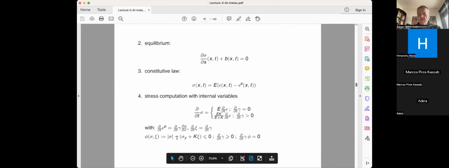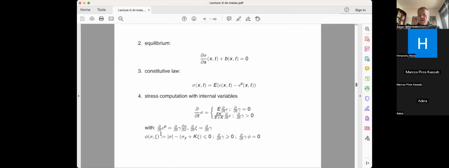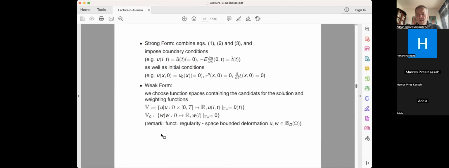Or I can go with this computation, with the evolution equation for plastic deformation, epsilon p dot, equal to gamma dot times sign of sigma, xi dot equal to gamma dot, with phi less than or equal to 0, gamma dot greater than or equal to 0, and gamma dot times phi equal to 0. So this is the kind of computation that I want to do.